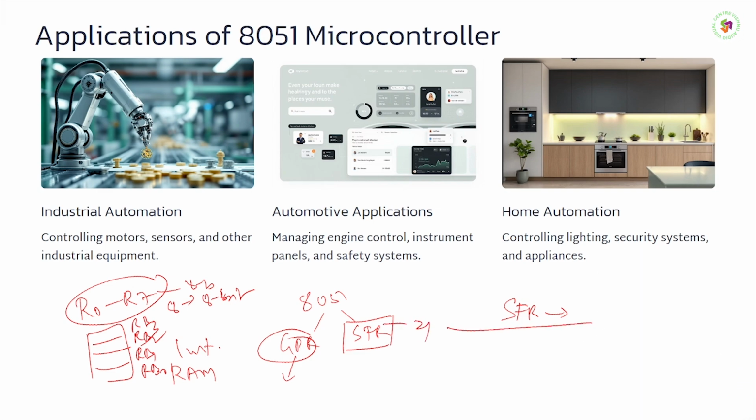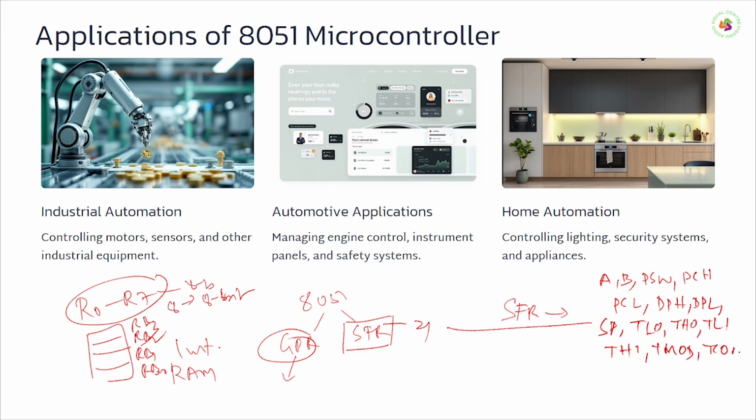If you want to write the 21, you can write: A, B, accumulator, B register, program status word, program counter higher, program counter lower, data pointer higher, data pointer lower, stack pointer, timer 0 lower, timer 0 higher, timer 1 lower, timer 1 higher, TMOD, TCON, SBUF register, SCON register, power control register, IE, IP, port 0, port 1, port 2, port 3.